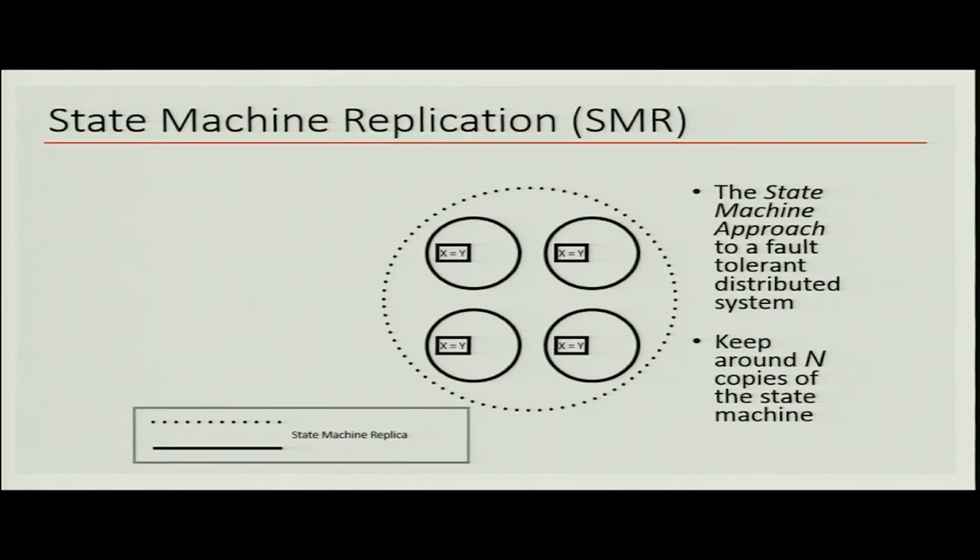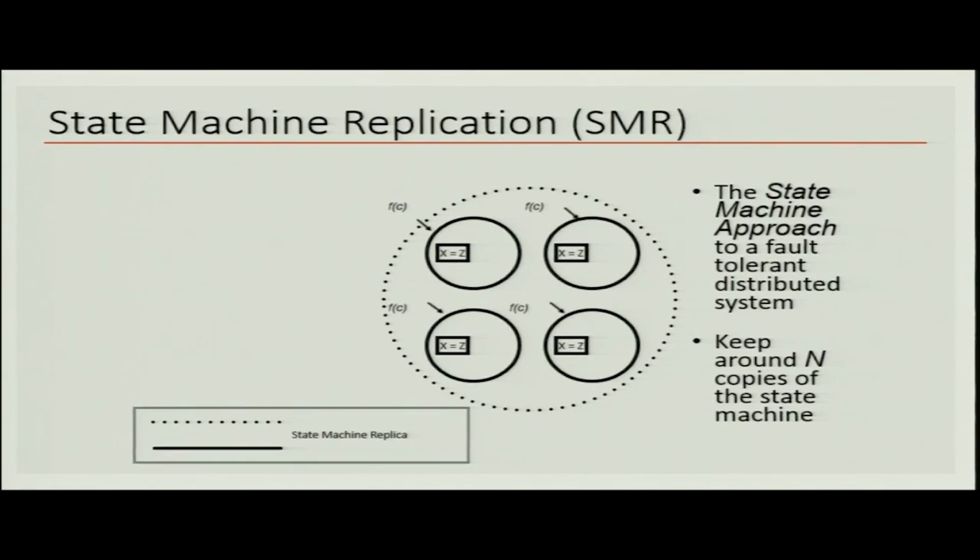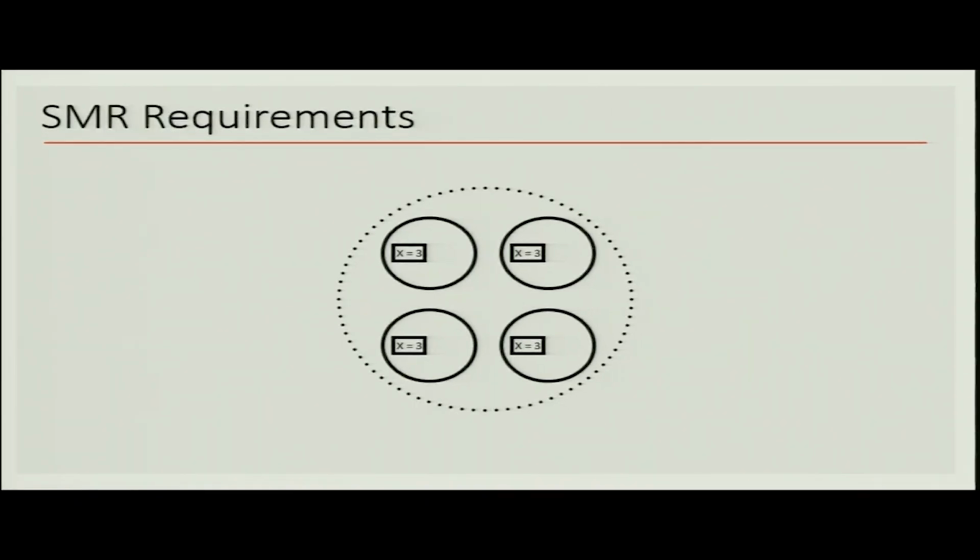So, let us say I have 4 copies. Now, let us say I send a command. So, it goes to all of them as a state change activity and the state of all of them will change.